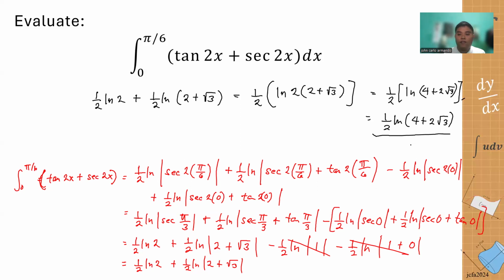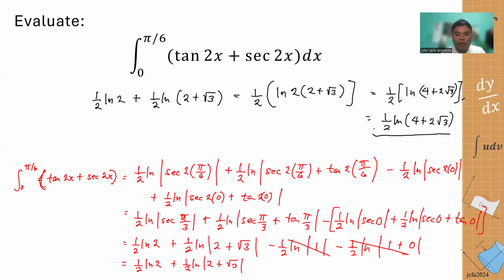Okay, so the answer is correct. If the problem asks you to get the simple value, you can just use a calculator. But if the problem asks for the exact value, it should not be in decimal places, so we have ln in this case.